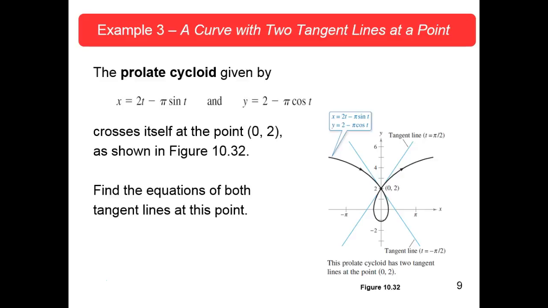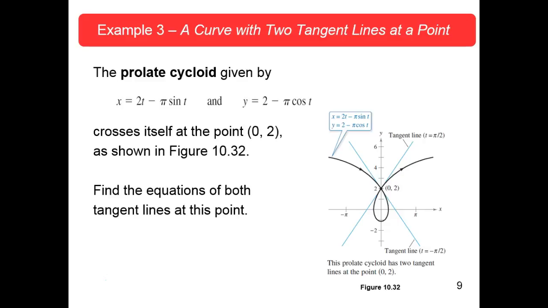Now, just as a reminder, you can look back at Theorem 10.7 to see the parametric form of the derivative, which I think you're used to, and those are in the block. So let's go from there. Find the equations of both tangent lines at that point.